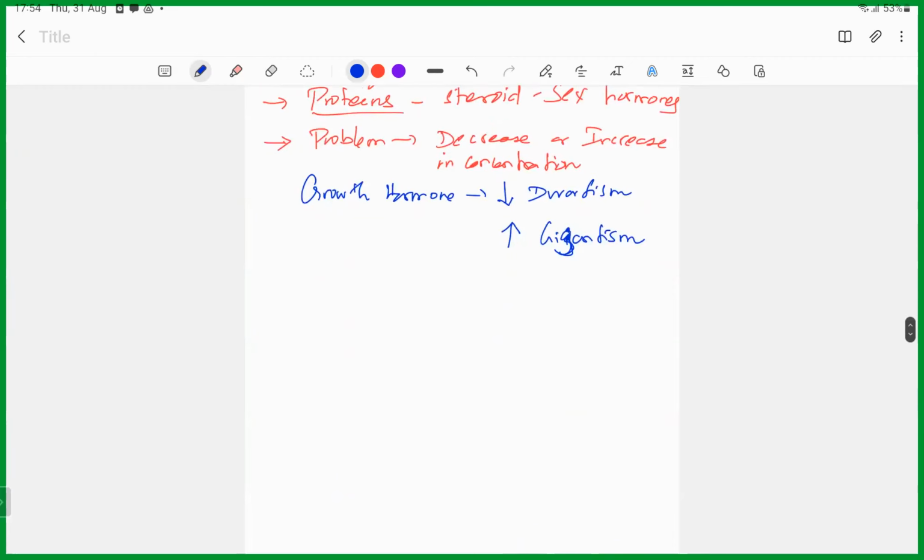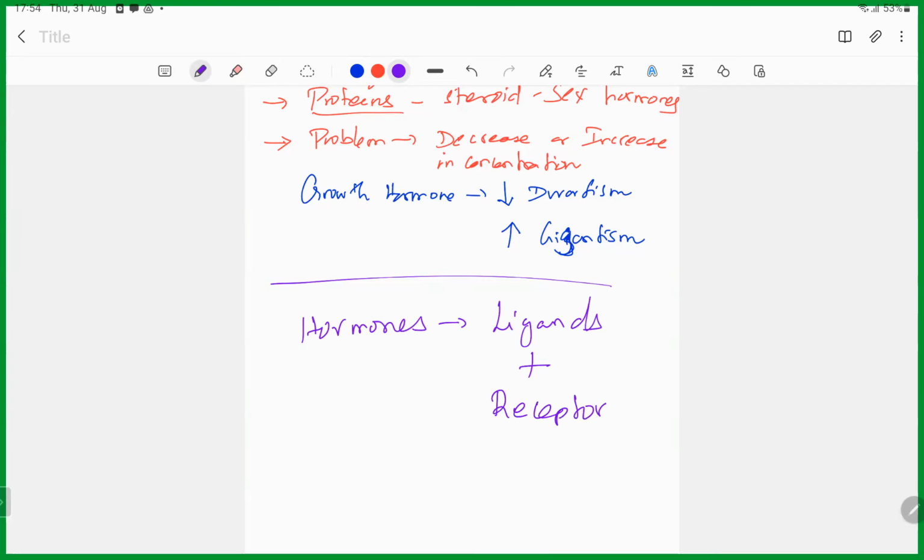And see, receptors: the hormones are called what? Ligands. And they should be received by the receptors. So this interaction is very, very important.